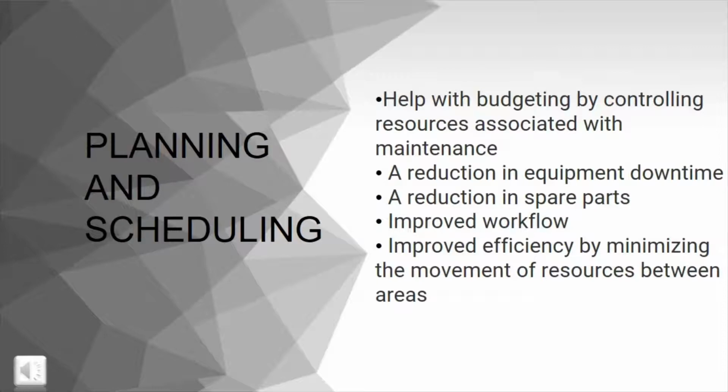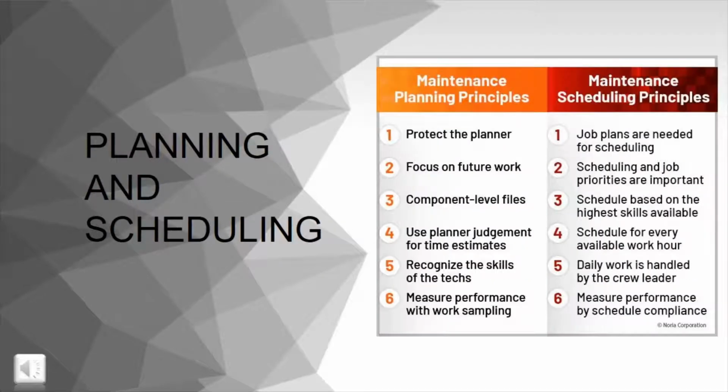Wrench time is defined as the time in which technicians are able to work and are not being kept from working on a job site by delays such as waiting for an assignment or parts or tools, obtaining clearance, travel time, etc.